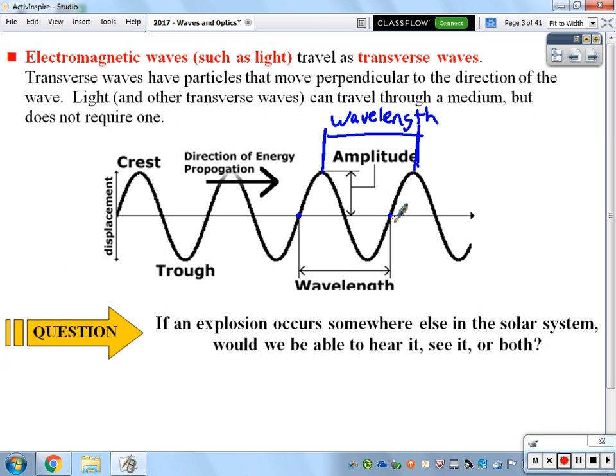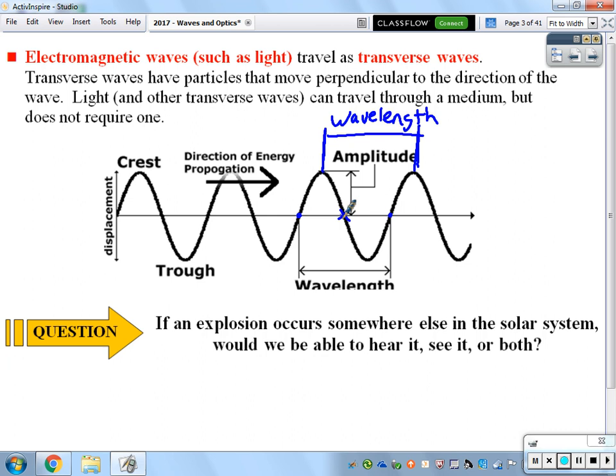That would be the same length as crest to crest or trough to trough. But where some people might make the mistake, and this is wrong, I'll mark it with an X, is they might only measure from the dot to the X and call that a wavelength. It has not gone through one complete cycle. So if you go crest to crest or trough to trough, it makes it a lot easier.